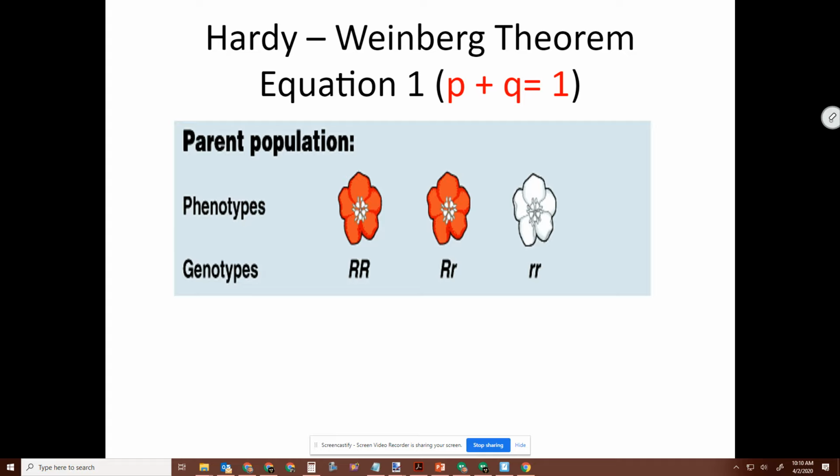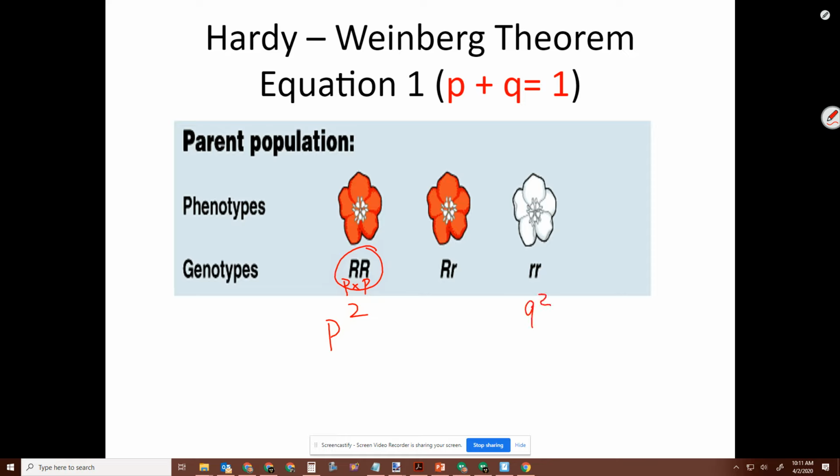So if P equals dominant alleles, then what if we just wanted to know the percentage of homozygous dominant in a population? Well, that would be P times P, or P squared, right? And what if we just wanted to know the percentage of recessive? Well, that would be Q squared.